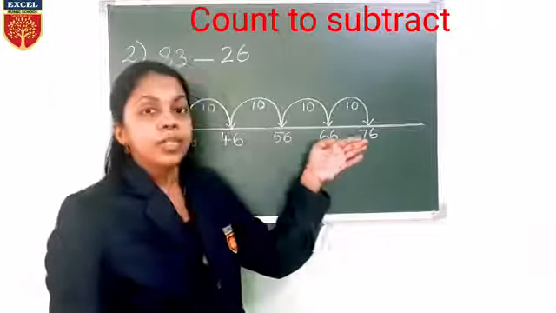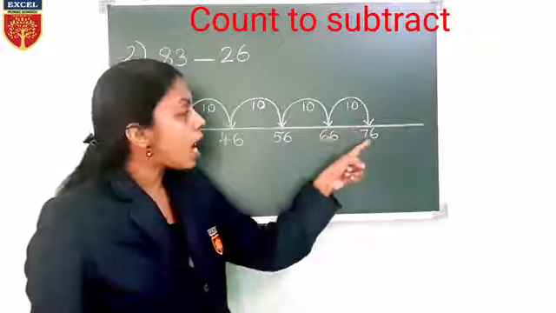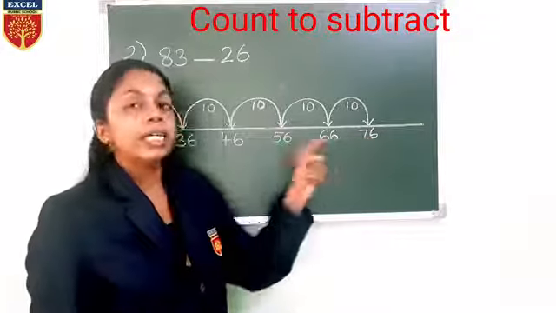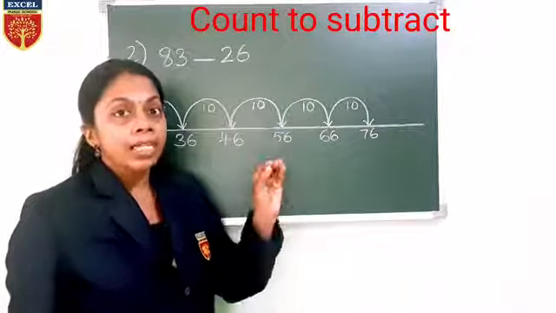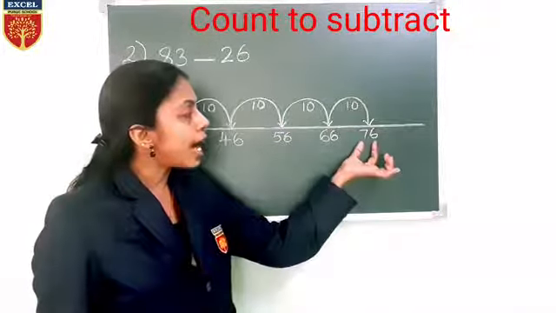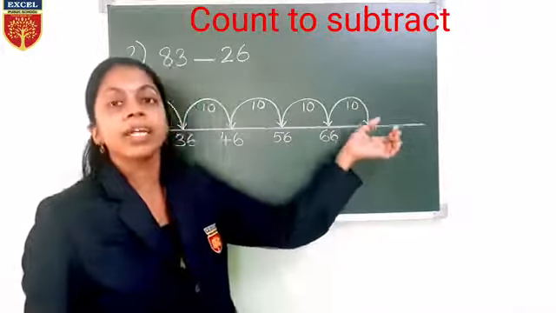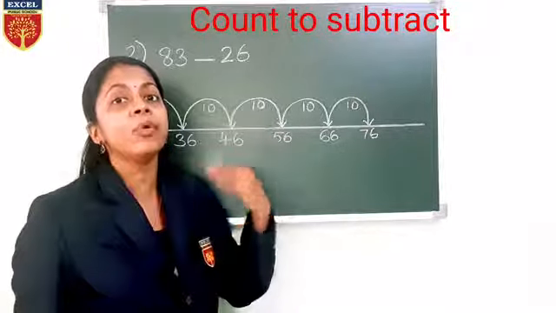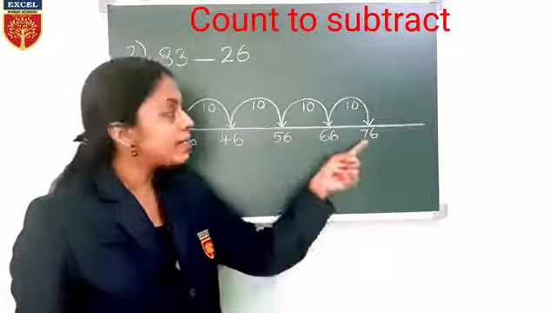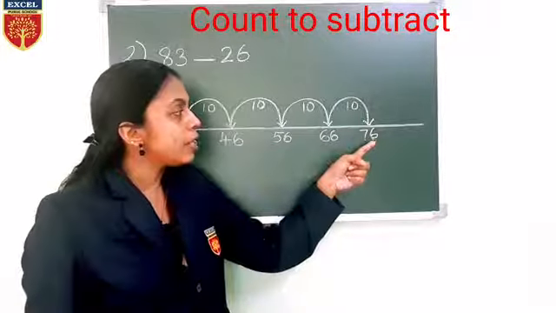In this case you need to count after 76 till 83. Why? That number only you need to add to this 76 to get 83. We don't want 10. If we add 10, it will be more than 83. That is why in such cases you need to be very careful.